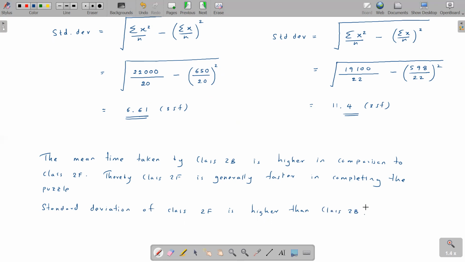The times for class 2F have a larger spread, which means times in class 2F are more spread out.